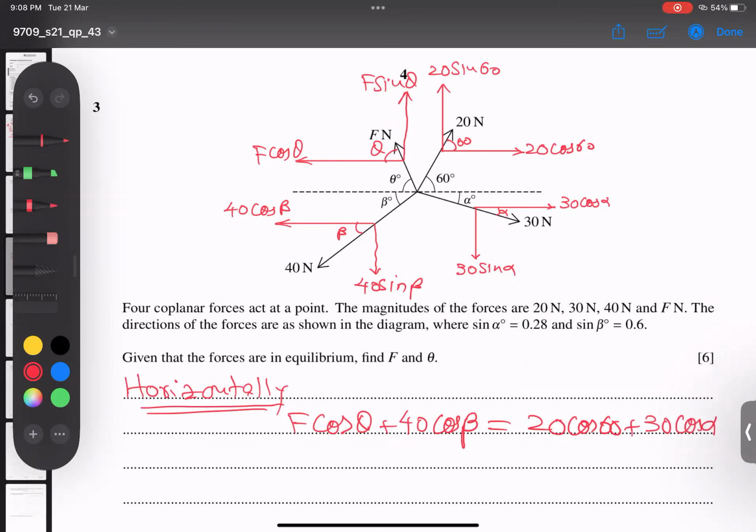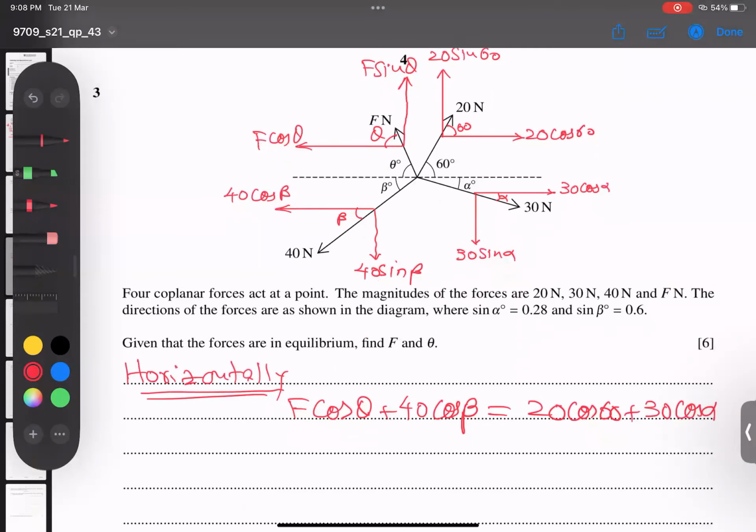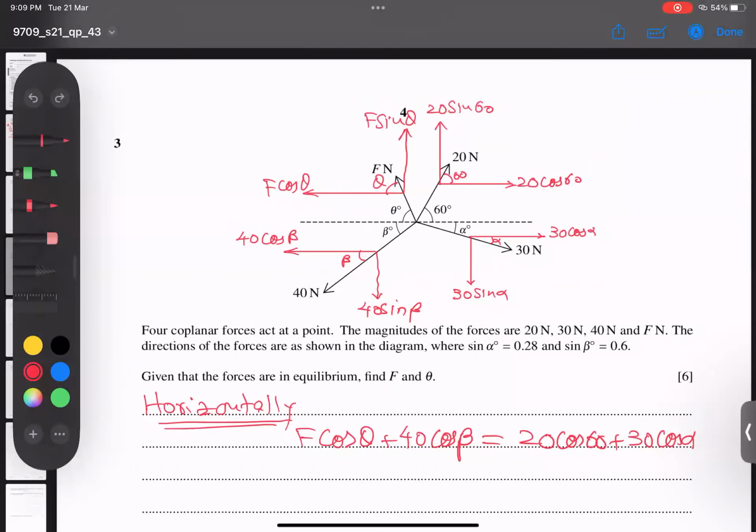Alhamdulillahi Rabbil Alameen. Now, you can see that sine beta is given here and sine alpha is given here. But the problem is, when you talk about alpha, I need cos alpha, but I don't have the cos alpha value. I tell you, there are two ways. One is making a triangle, and the other method is this. Sine alpha is 0.28.